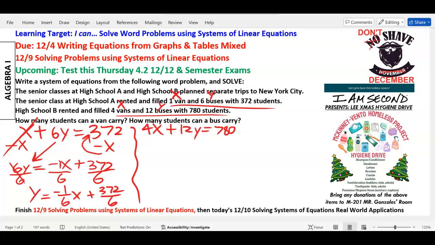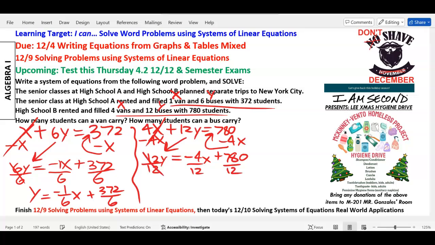And then the other one, same idea. To get rid of a positive 4x, minus 4x, minus 4x. Bring this down. This mx goes in front of b. Minus 4x goes in front of 780. Coefficient 12, we must get rid of it by dividing everything by 12.